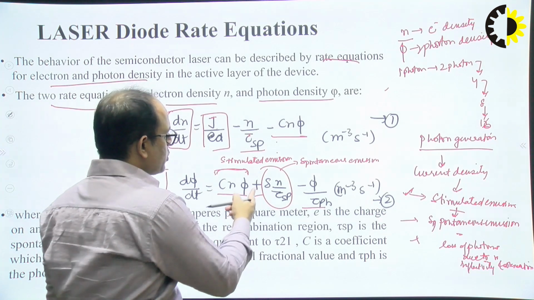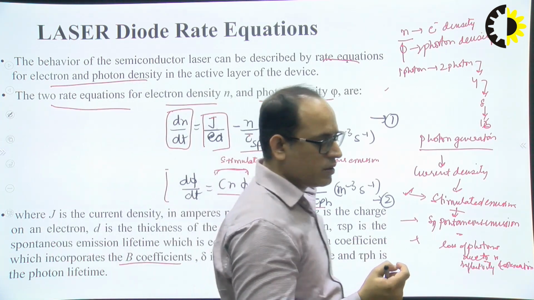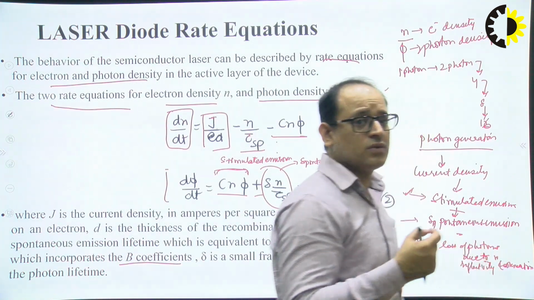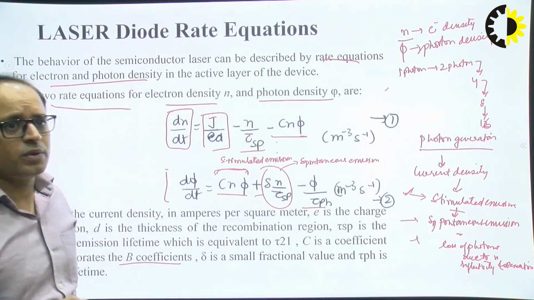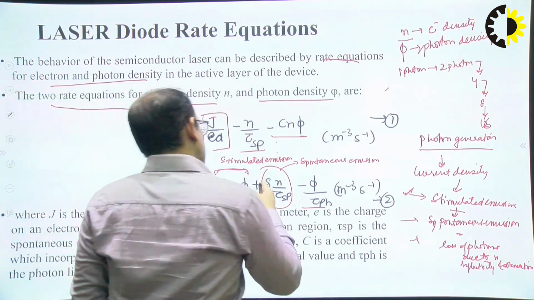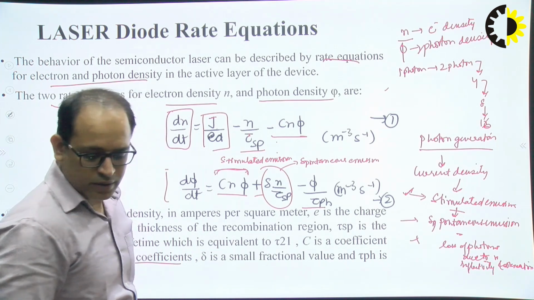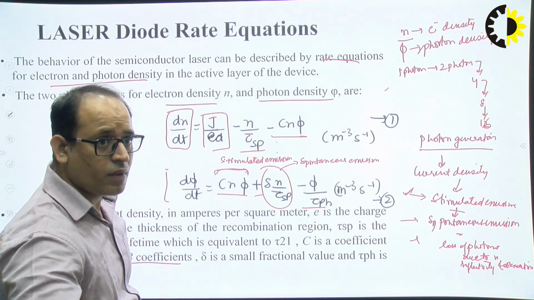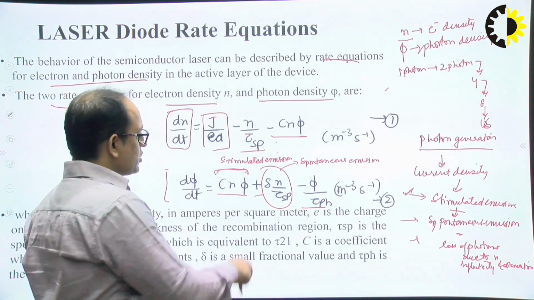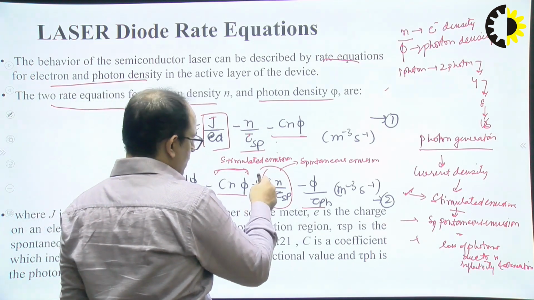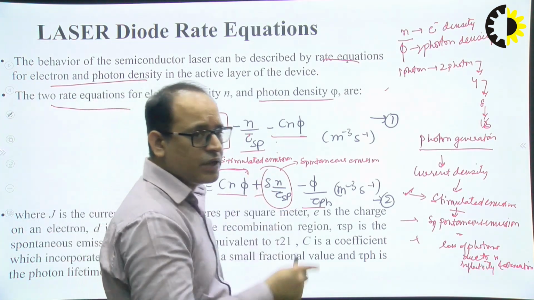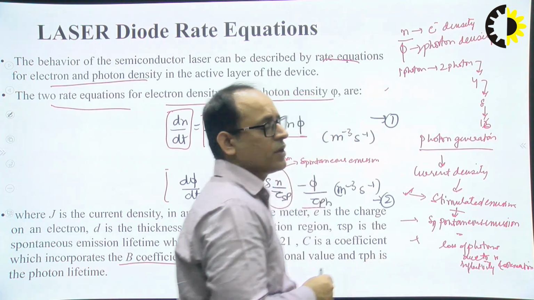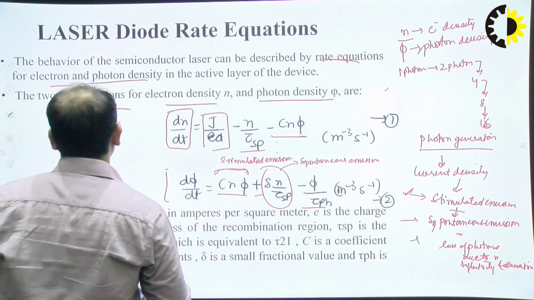Why is delta there? Because delta is a factor which is always less than 1, as this delta depends on the recombination, radiative recombination or non-radiative recombination. That is why delta is very small.